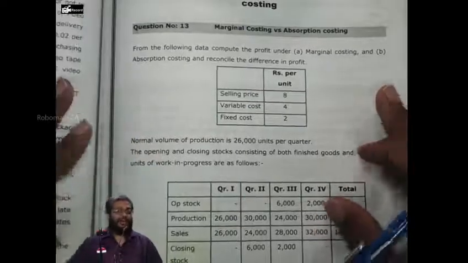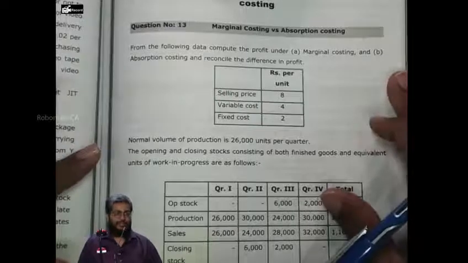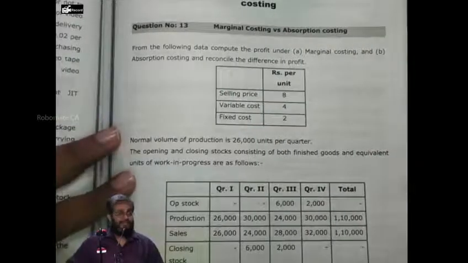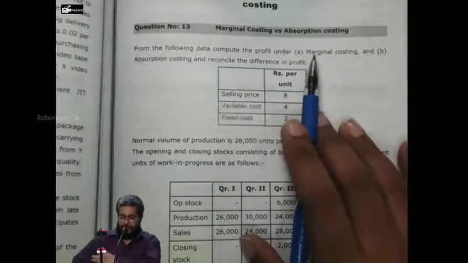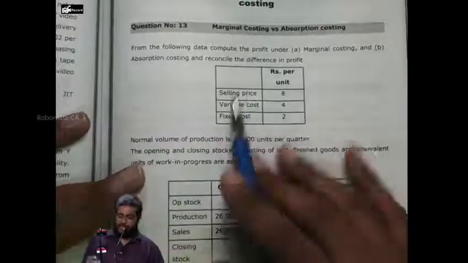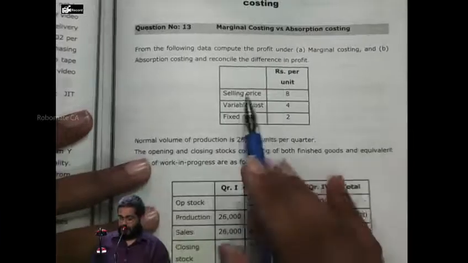From the following data, calculate profit under marginal costing and absorption costing, and reconcile the difference in profit.